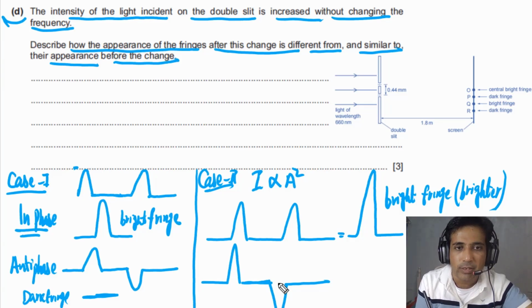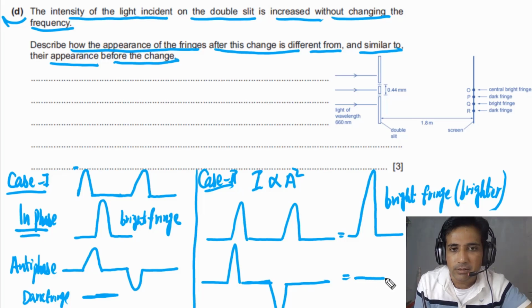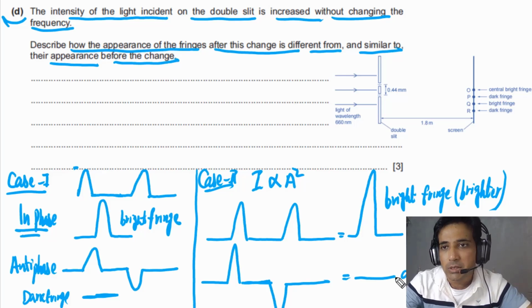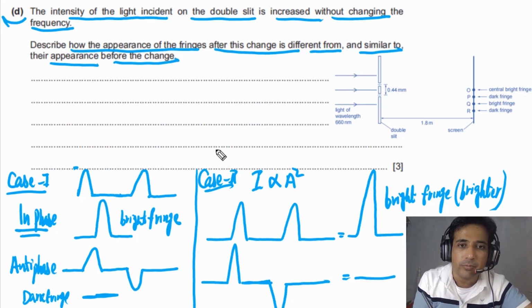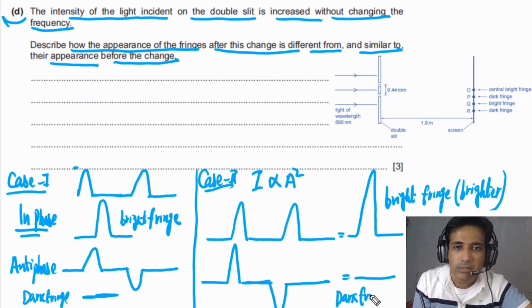When these two waves meet, they will cancel each other, so we will simply see the dark fringe. So in this case, there will be no change in the dark fringe, but there will be a change in the bright fringe. The bright fringes will be brighter, and the dark fringes will stay the same. We will see no light. There will be no change.